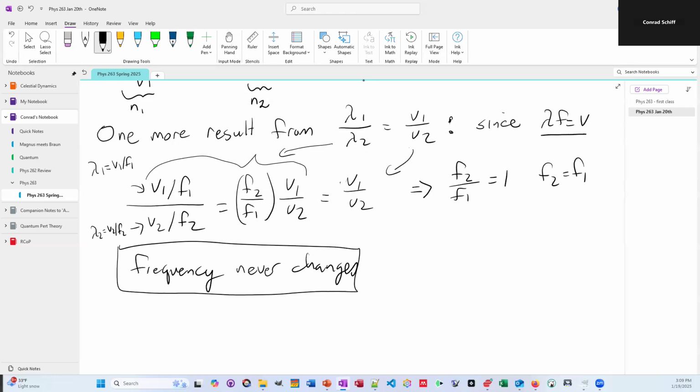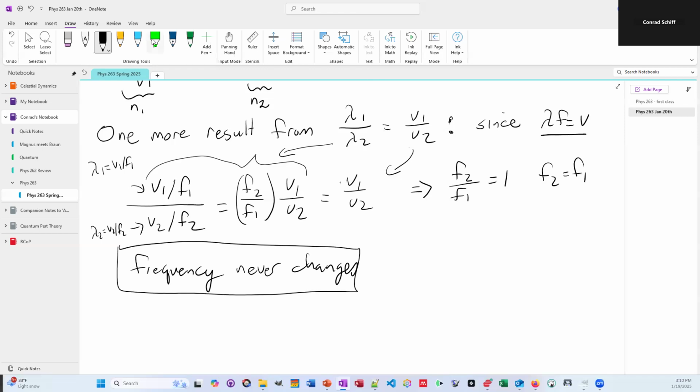And now we can just clean up the equation a little bit. Let's bring the frequencies out in terms of their ratio. F2 is in a denominator, so it becomes a numerator. F1 is in the denominator, so it stays as a denominator. And we get the ratio of F2 over F1. That has to be equal to V1 over V2. But that's only this side of the equation.